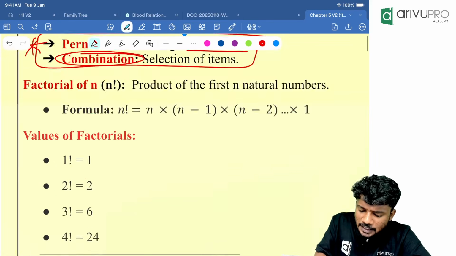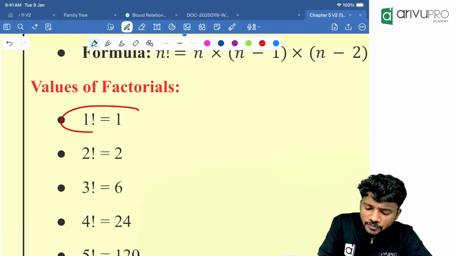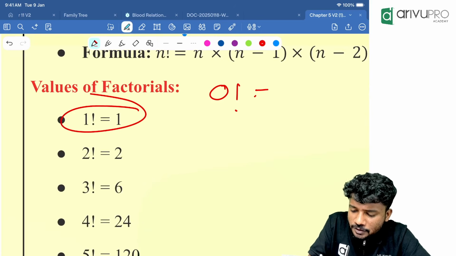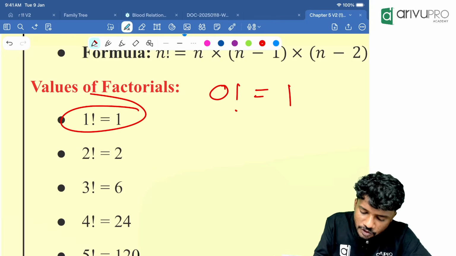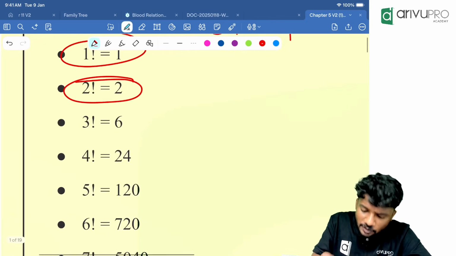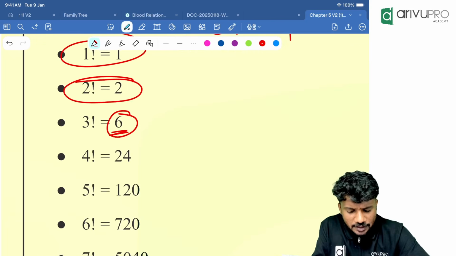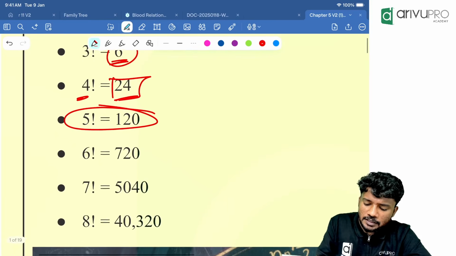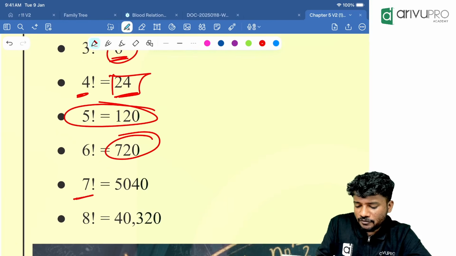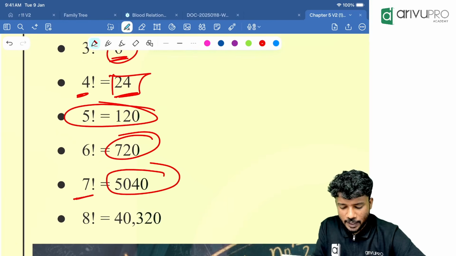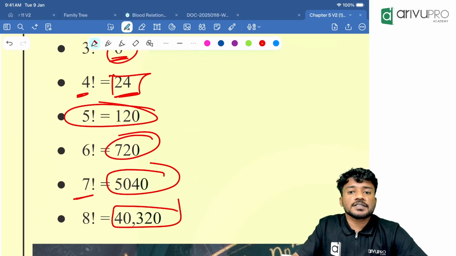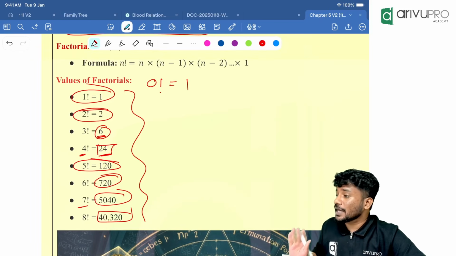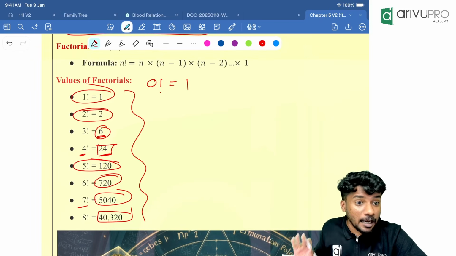Some of the basic factorials you should know: 1 factorial is 1. 0 factorial is 1. 2 factorial is 2. 3 factorial is 6. 4 factorial is 24. 5 factorial 120. 6 factorial 720. 7 factorial 5040 and 8 factorial 40320. So at least till 8 factorial, if you can remember the values, it will help you during the time of examination.